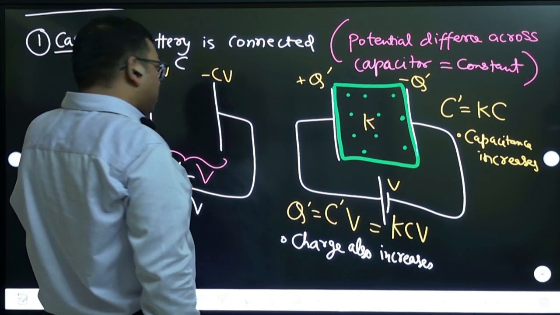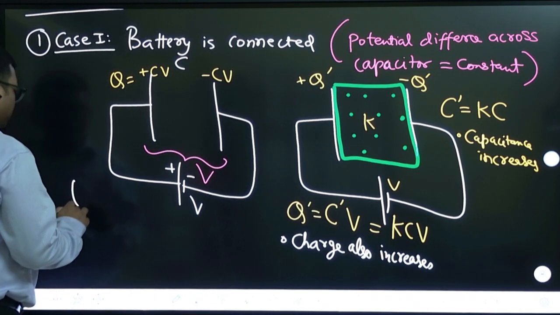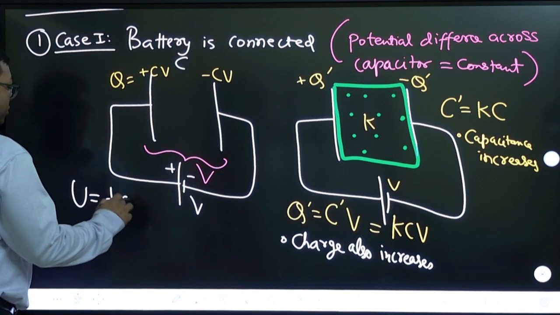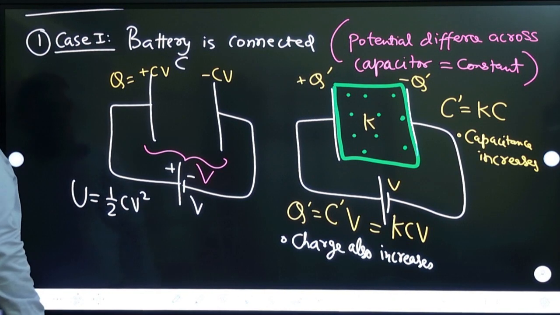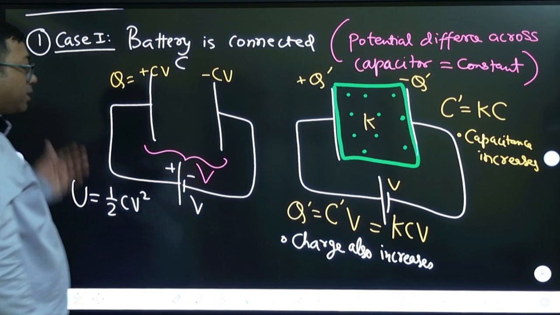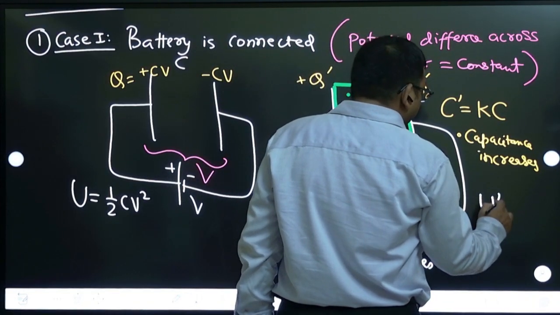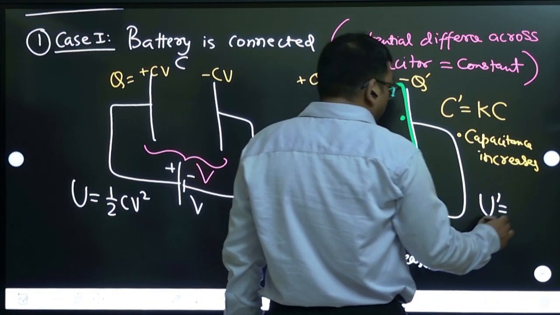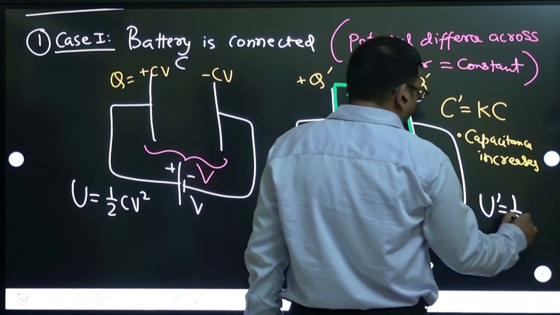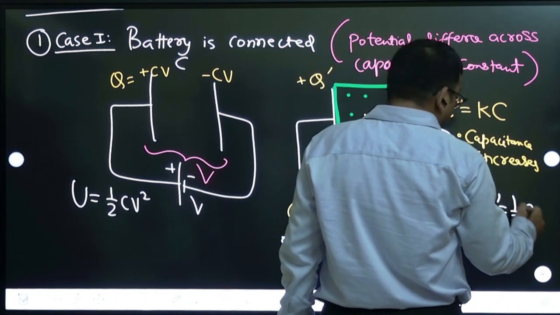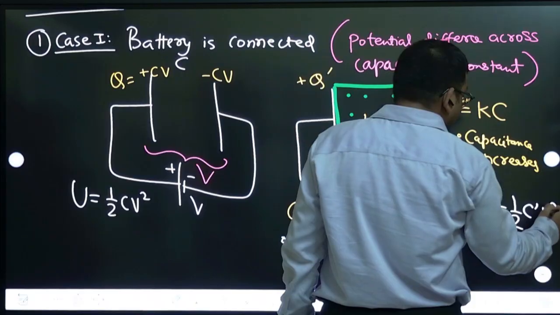Energy. Think about energy. Previously, what was the energy? Energy was half CV square. Now what will be the energy? U dash is half C dash into V square.